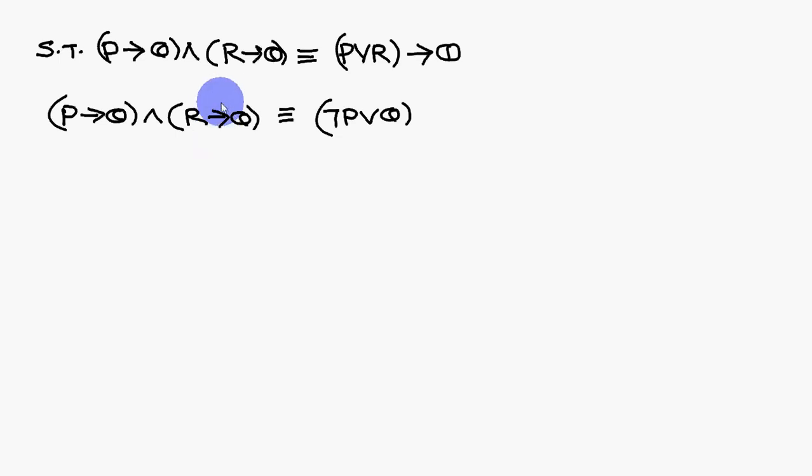Similarly, remove this implication: not R or Q, and the AND symbol between as usual. So (not P or Q) and (not R or Q). If you look at this one, you cannot apply the distributive law.